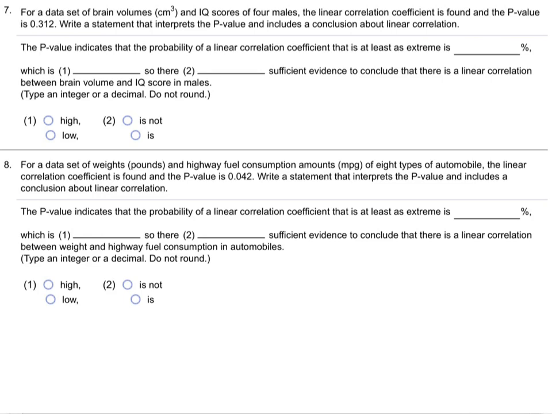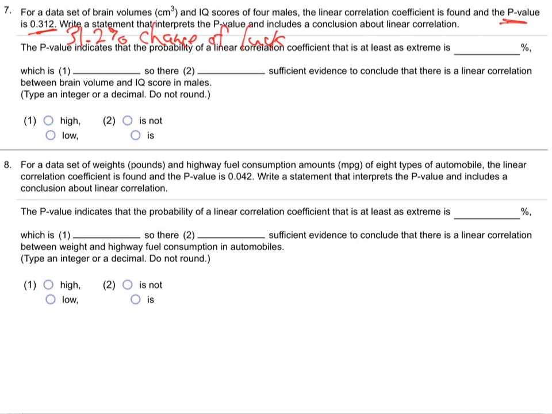What was the p-value? Oh, there it is. 31.2%. P-value 0.3, so that's a 31.2% chance of what? Of it being luck, right? That's the chance of luck. So if they found any connection, it could have just been luck.